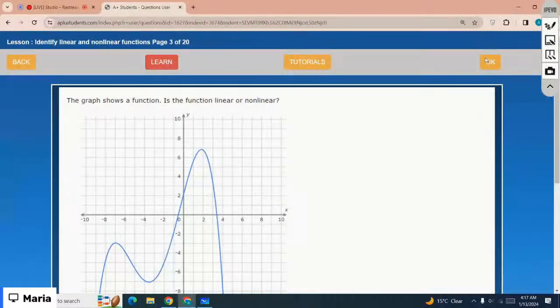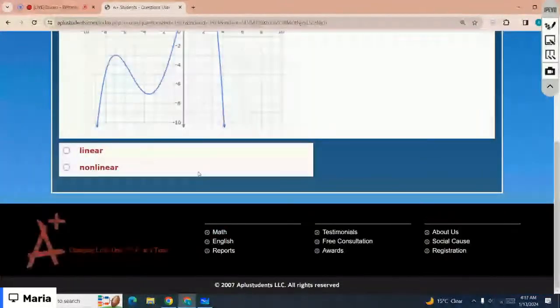That is a non-linear function. The graph is not a straight line, right?